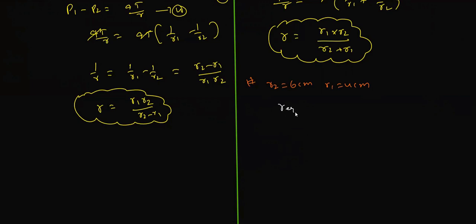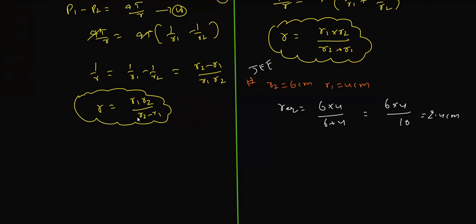R equivalent is R1 into R2 divided by R1 plus R2, so 6 into 4 divided by 6 plus 4. 6 plus 4 is 10, and 6 times 4 is 24. 24 by 10 is 2.4 centimeters. This is the answer for that JEE question.